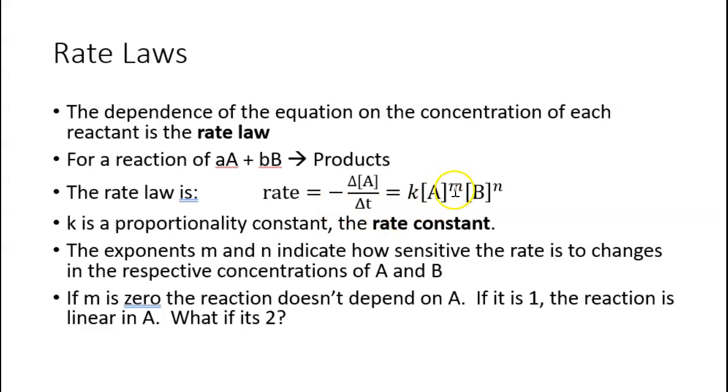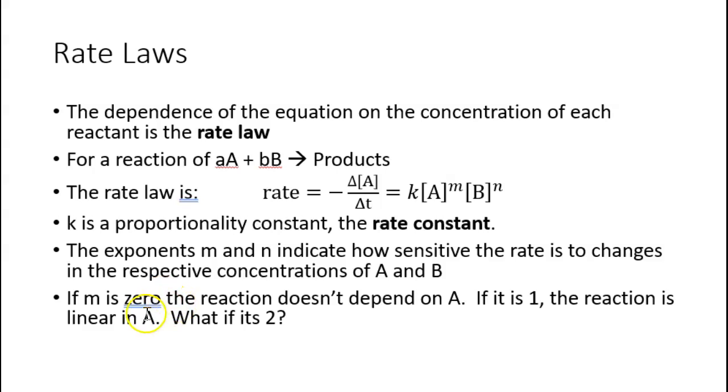But if m is big, like say it's a 3 or a 4, then when we change A a little bit, we're going to be cubing, or what do you call it when you take it to the 4th power, that concentration change in terms of the rate change. So the bigger that exponent is, the more impact that particular participant in the chemical reaction is going to have on the rate. Those are called the order, or orders, of the reaction with respect to a specific reactant.